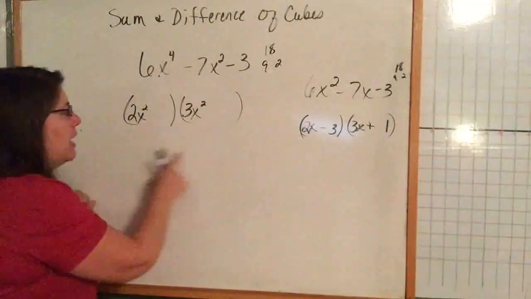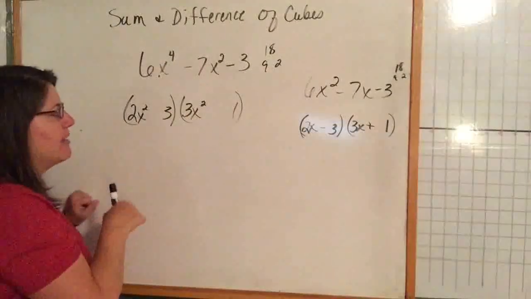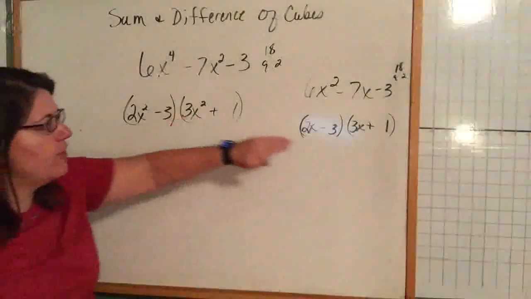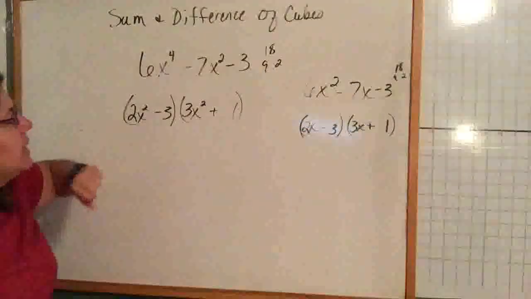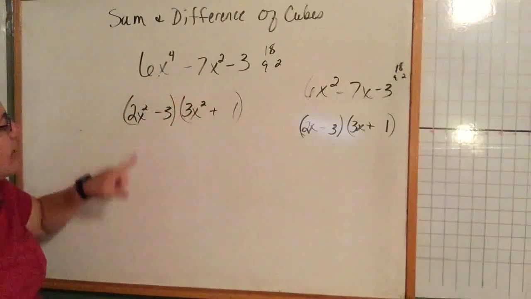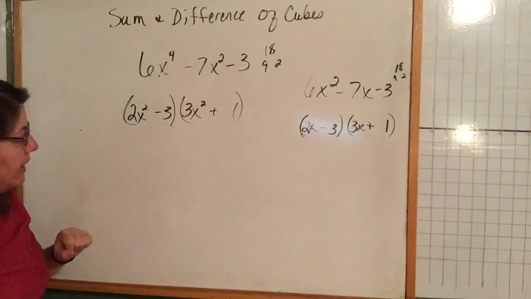And then I know 2 times 1 is 2, 3 times 3 is 9, and I know my signs are different. The minus goes with the 9. So look at those. They're very, very similar, but because this was x to the fourth and this was x squared, that changes what the first term in each binomial looks like.